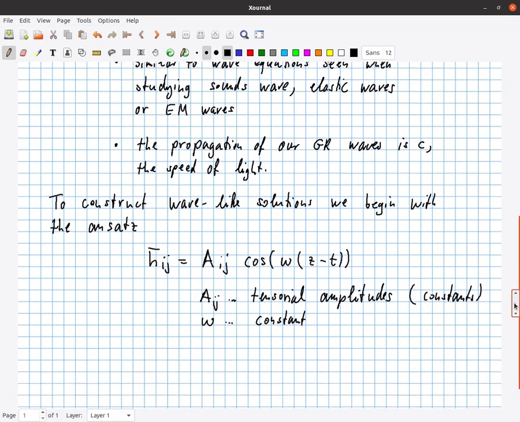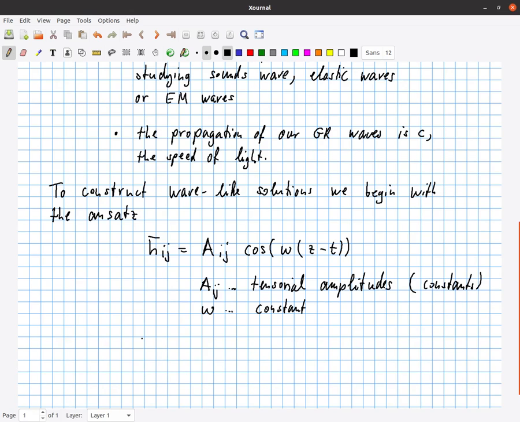And in this choice, these are waves traveling in the positive z direction.